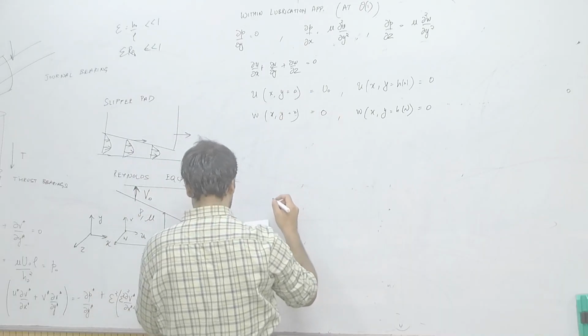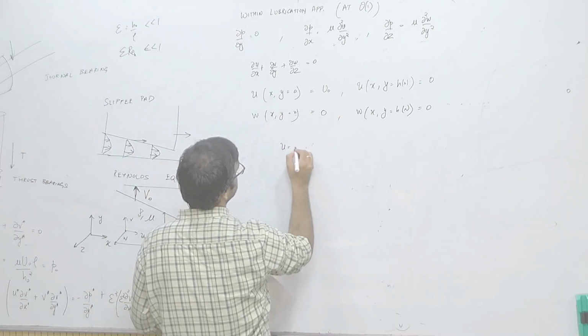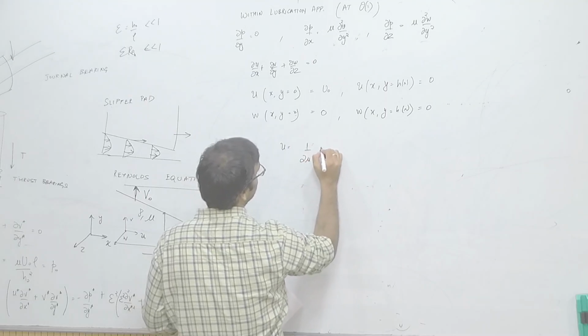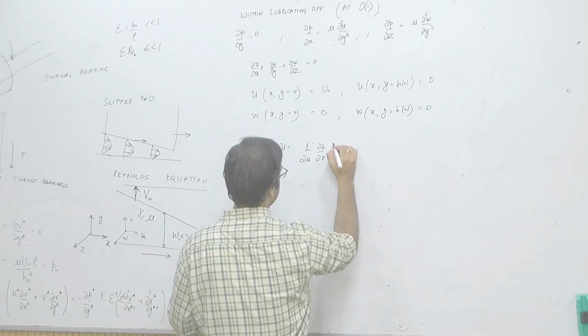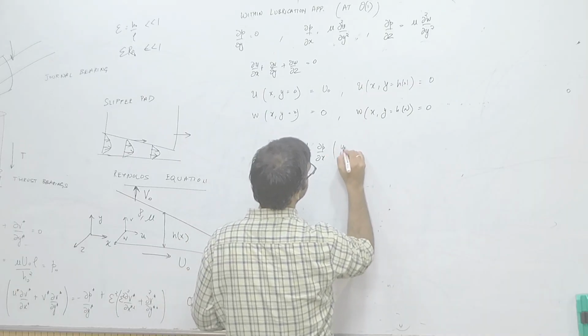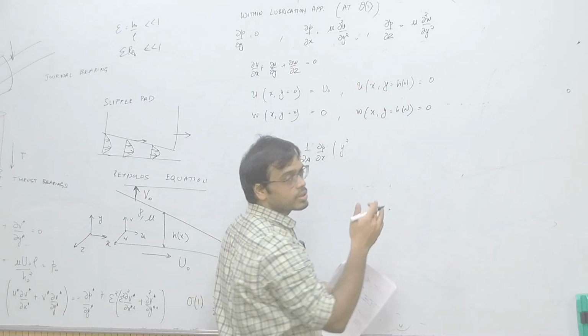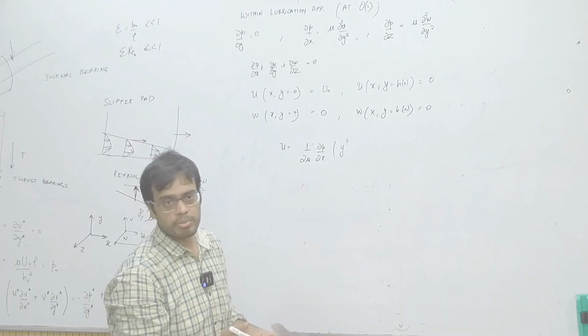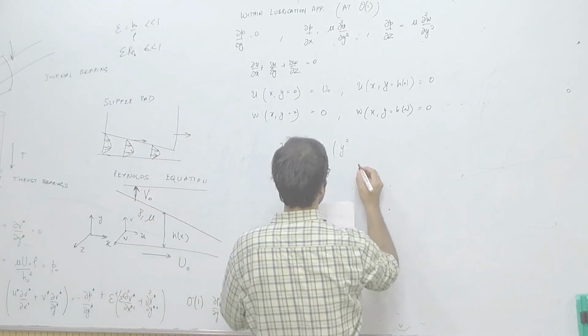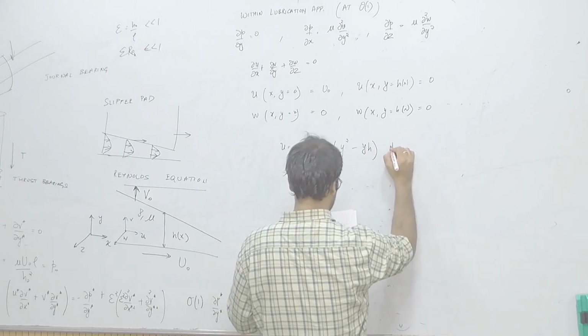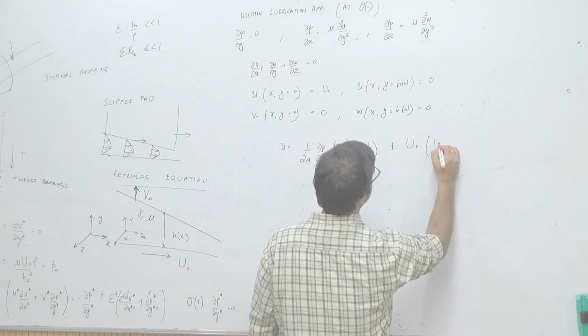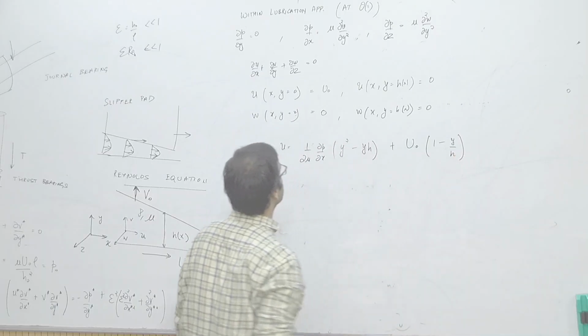So, we will get the velocity as 1 by 2 mu del p over del x times y square minus y h plus u naught times 1 minus y by h. This is something that we have already solved with this kind of set of boundary conditions and this equation, which was the linear combination of Couette flow and Poiseuille flow.